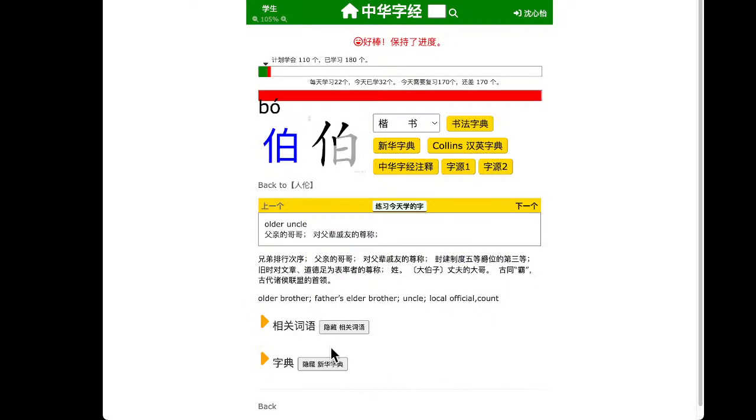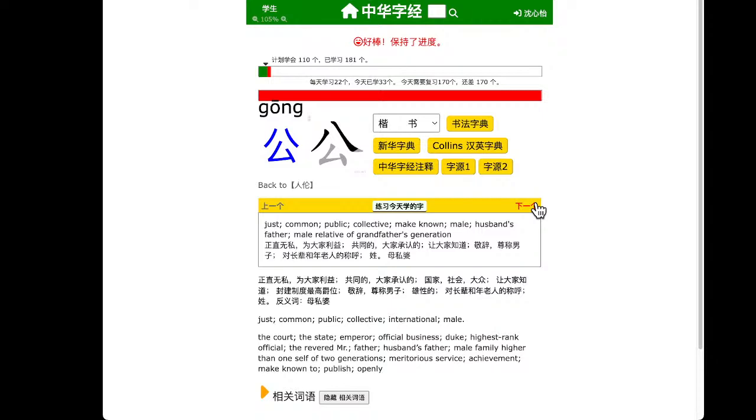伯, which we saw on the chart. 伯 is your older uncle, so your father's older brothers are called 伯. 公, in the context of your family relations, refers to your husband's father or a male relative of the grandfather's generation. 公公 is used for your mother's father or your husband's father.